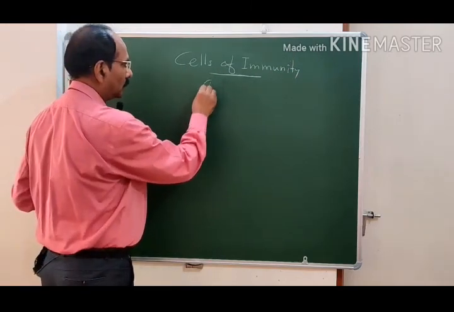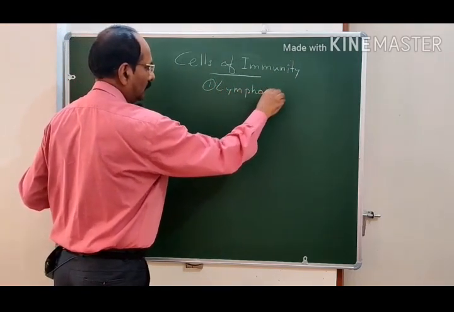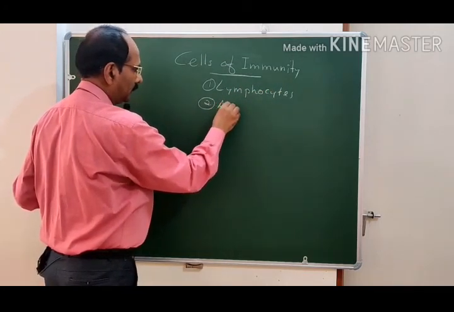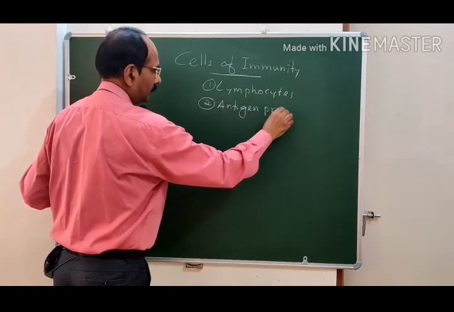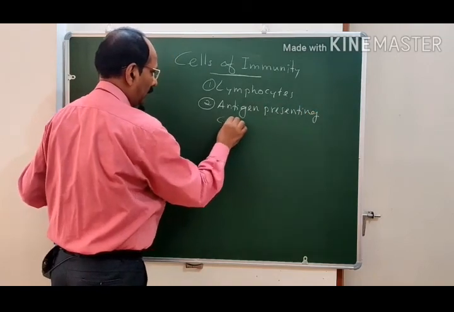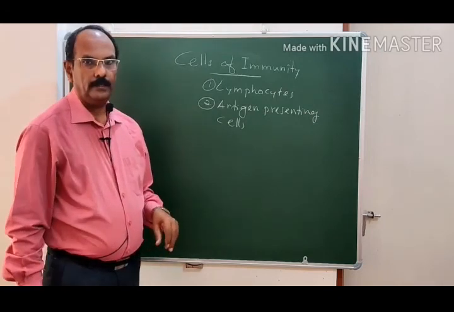One is called the lymphocyte, and the other is the antigen presenting cells. These are the two types of cells involved in immunity.